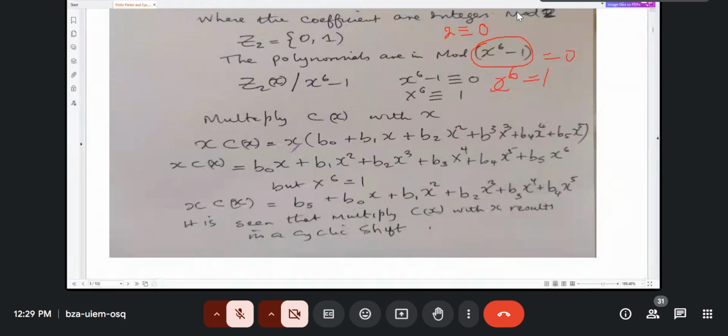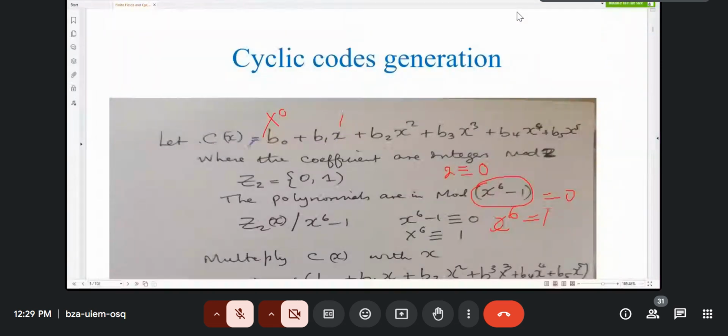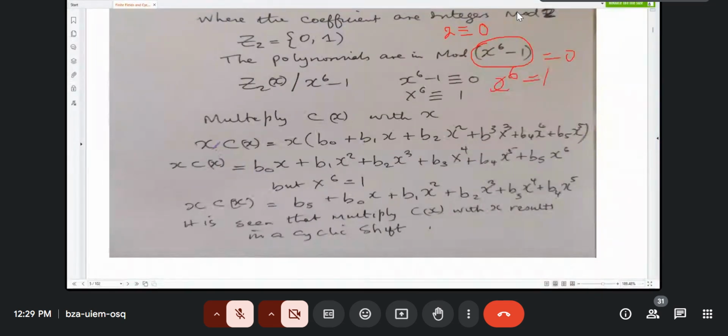Because if you multiply c(x), the original polynomial, by x, you're going to get x times (b0 plus b1x plus b2x^2 up to b5x^5), and therefore x c(x) will be equal to b0x plus b1x^2 plus b2x^3 up to b5x^6.